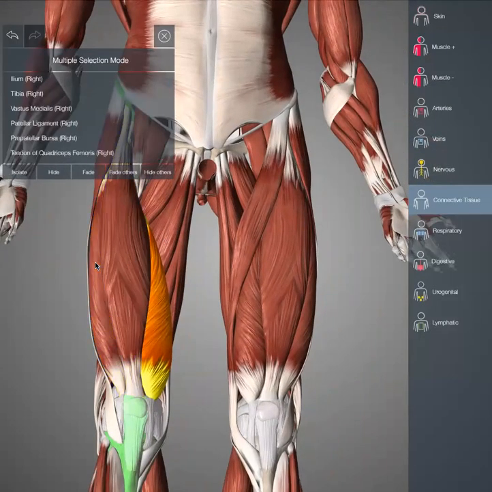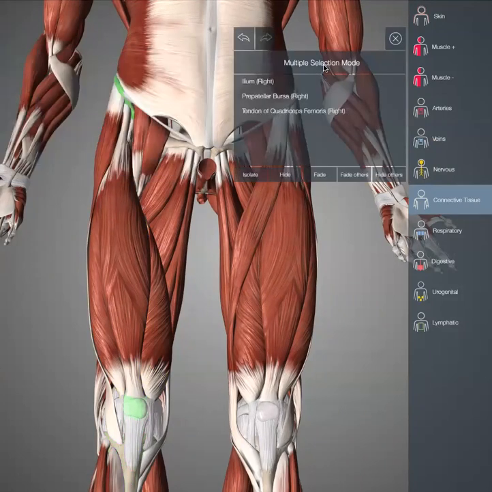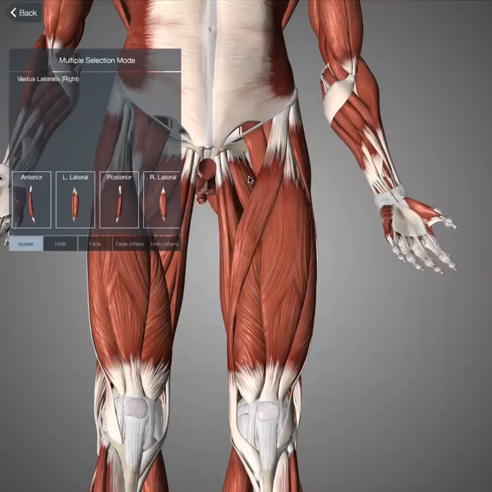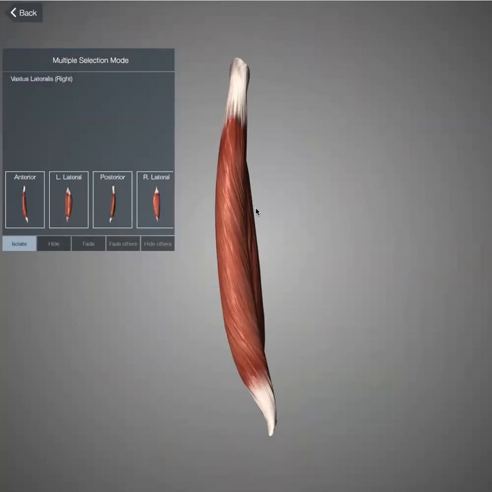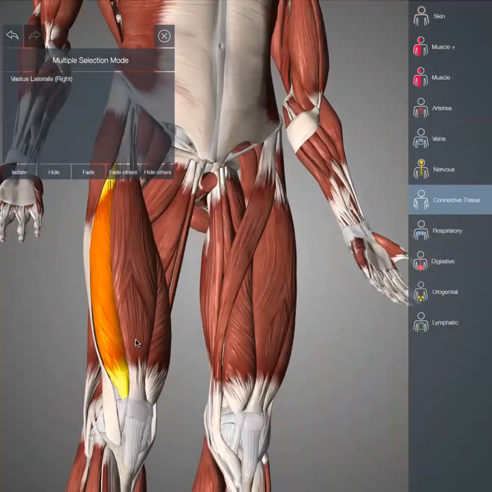I will select now just the individual muscles for us. So let's select vastus lateralis, and that's the muscle. It originates from the greater trochanter. Hence, we can include the femur in a way.